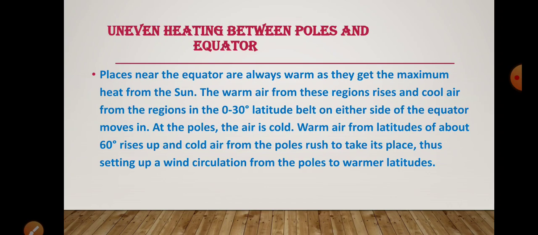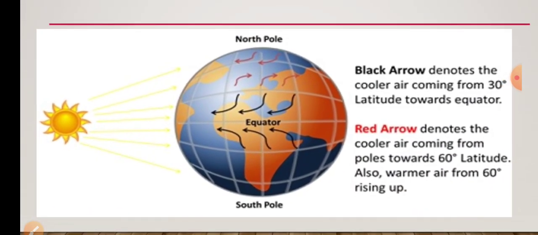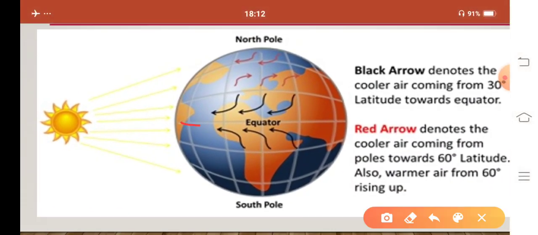Students, the region which is close to the equator of the earth gets the maximum heat from the sun. See, through this diagram I will explain about uneven heating between poles and equator. This is your equator.